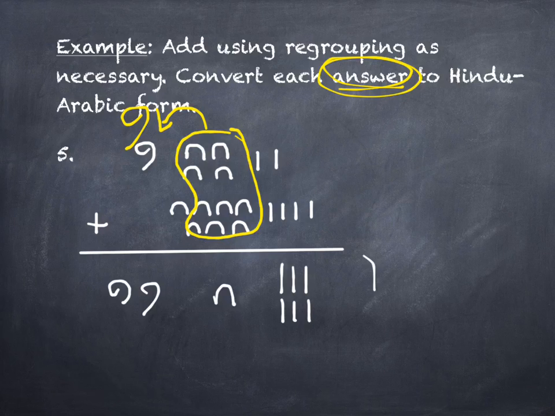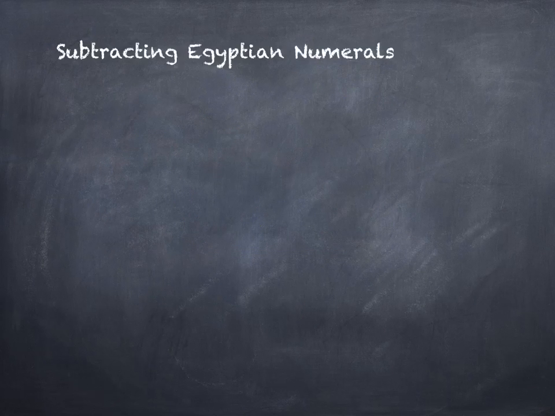What is this answer in Hindu Arabic form? 216. So far, so good? That's addition. We're going to do subtraction as well. Subtraction, again, much like ours.